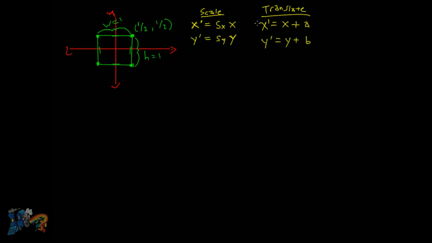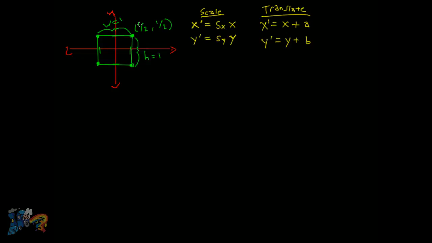So for example, if we were to say, let's make a 1 and let's make b 0, okay? So if a is equal to 1 and b is equal to 0, we're saying we want to move all x points, all x vertexes, 1 over, right? We're adding 1 to each x. And in the y, we're adding nothing to it, so y remains unchanged.